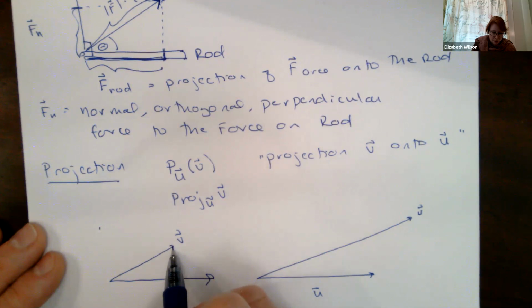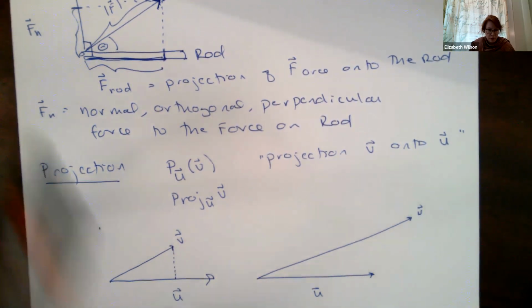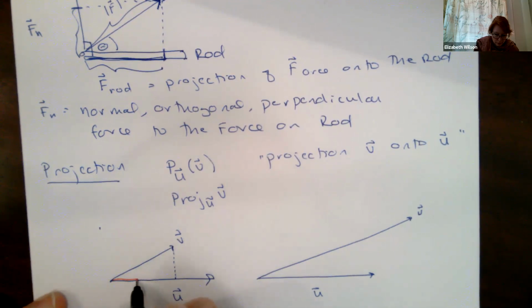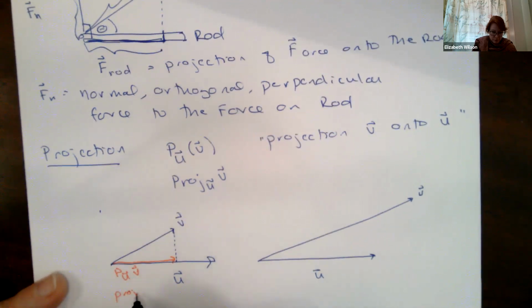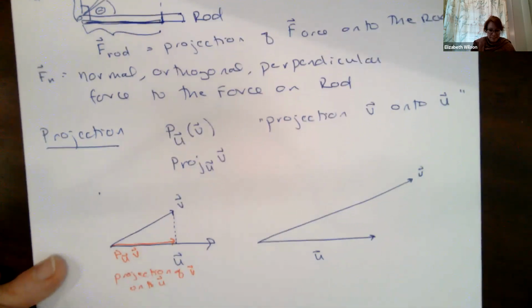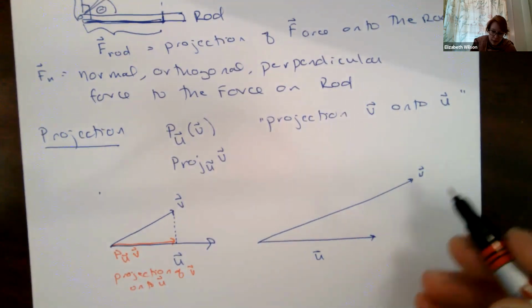When I project v onto u, this portion, I'll draw it in red, is our projection of v onto u. It's a scalar multiple.